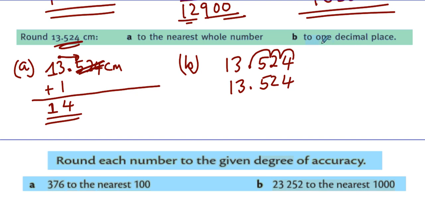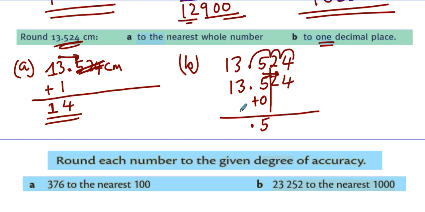Now we need 1 decimal to remain. So you put a boundary immediately after the first decimal place. And then you check on your right, there is a 2. Now a 2 is less than 5, so you'll be adding 0 to the 5. So the answer will be 5 plus 0 is 5.